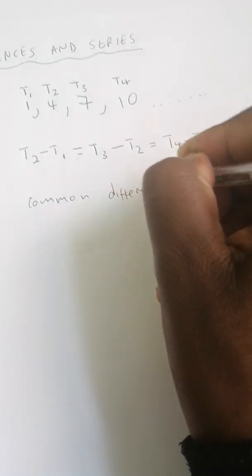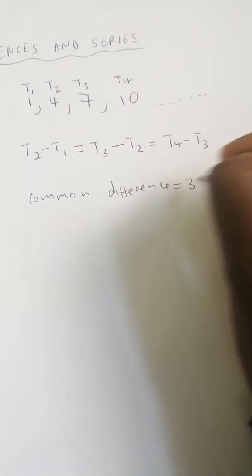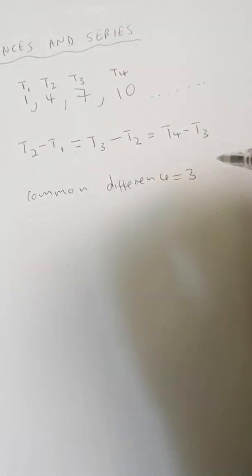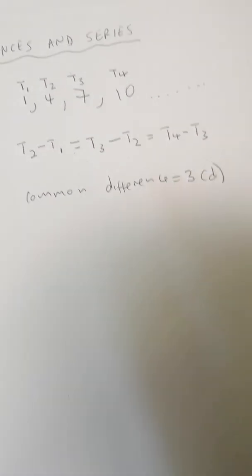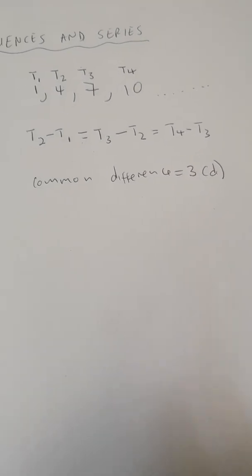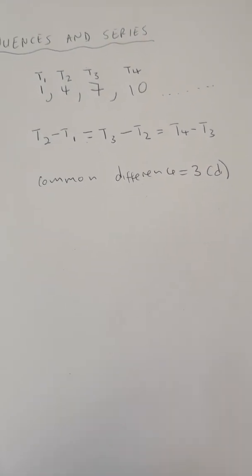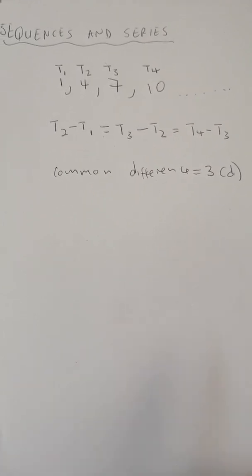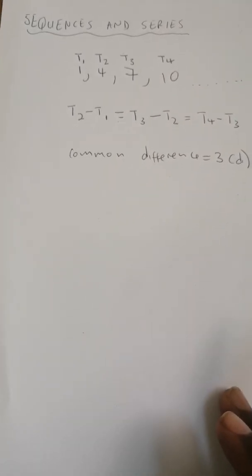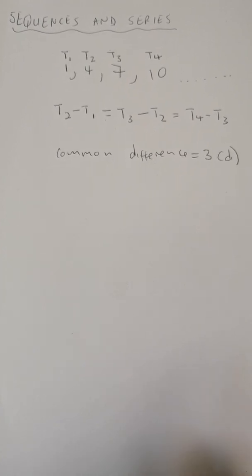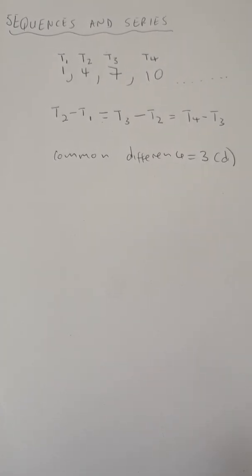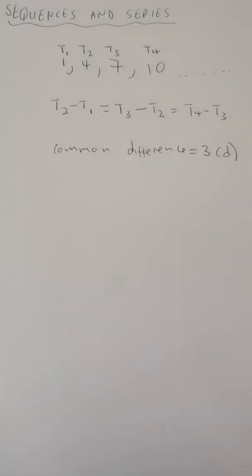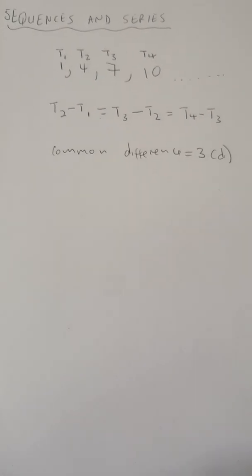So we say the common difference is equal to 3, which is normally referred to as the D. You will see that you work with a D in all instances where you do the calculation for the arithmetic progression.